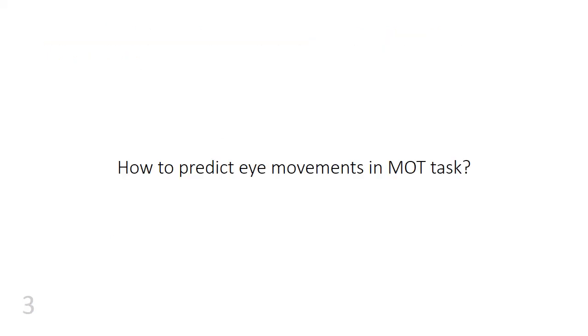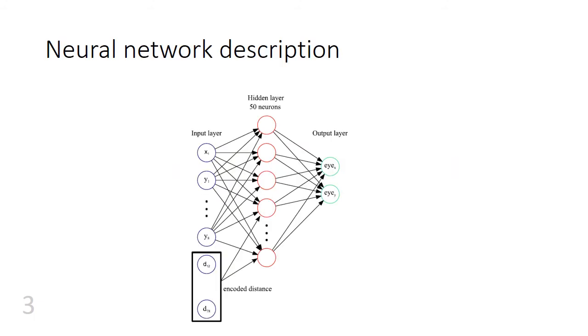We are getting to my third goal, how we could predict eye movements in MOT tasks. I assembled data from three behavioral multiple object tracking tasks and trained several neural networks to predict the eye gaze position during the trial.